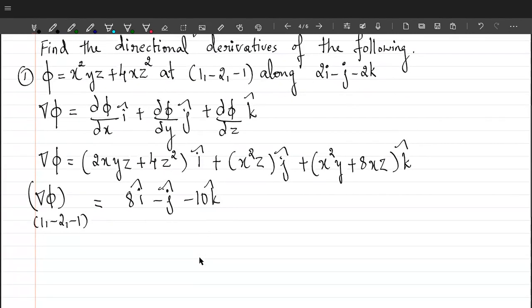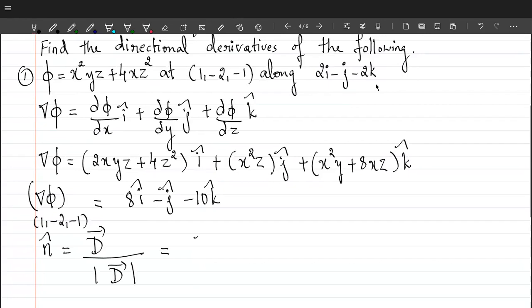Now you have to find n cap, where n cap is equal to vector d divided by magnitude of vector d. Vector d, that is the direction vector which is given to you here, is 2i minus j minus 2k.